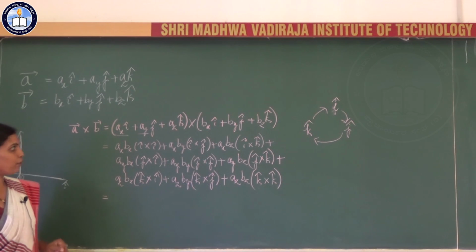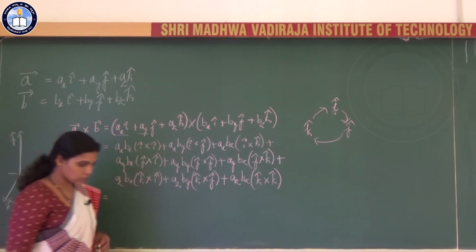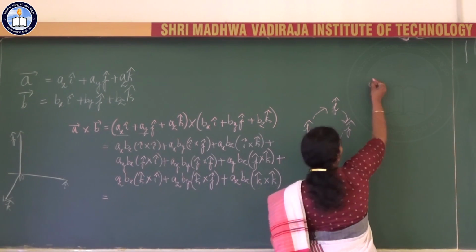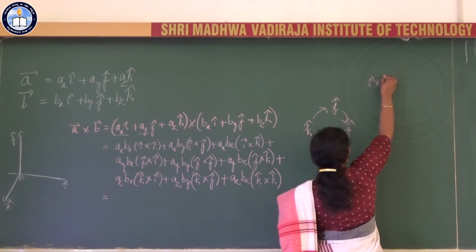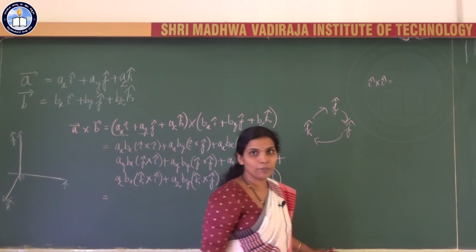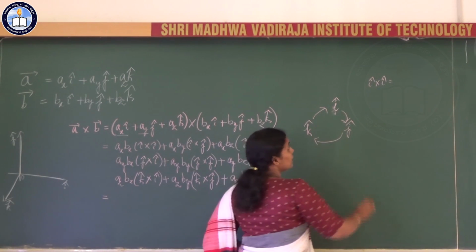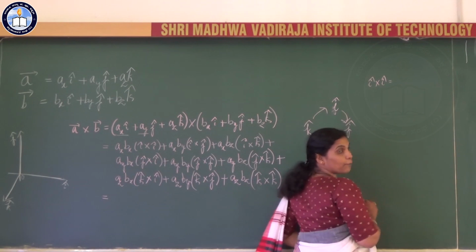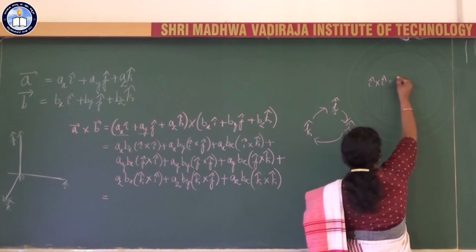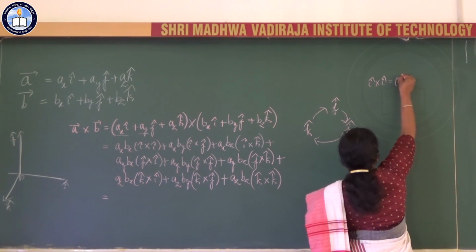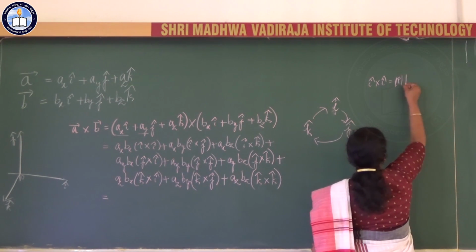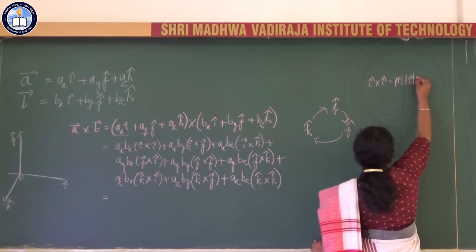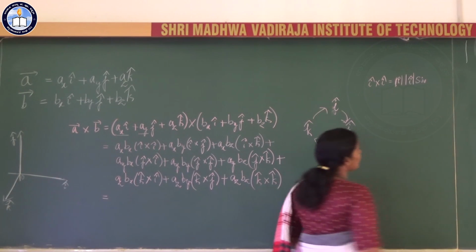There is one more thing that you know. i cap cross i cap, we have seen in the previous section, is modulus of i cap into modulus of i cap into sine theta.